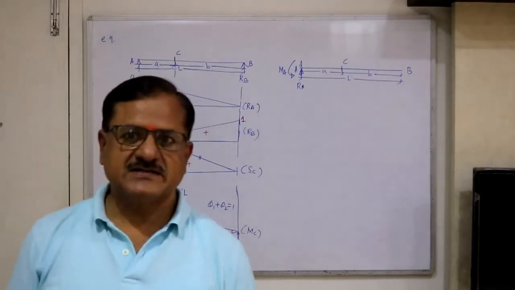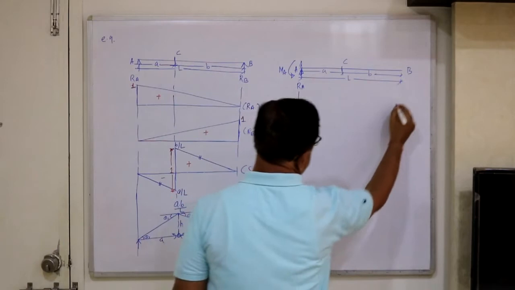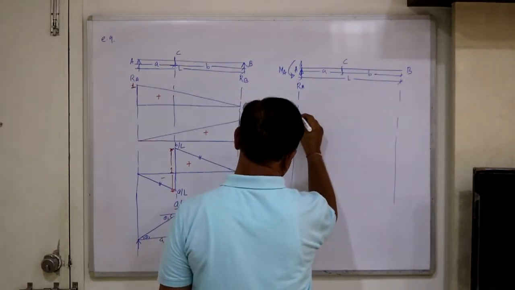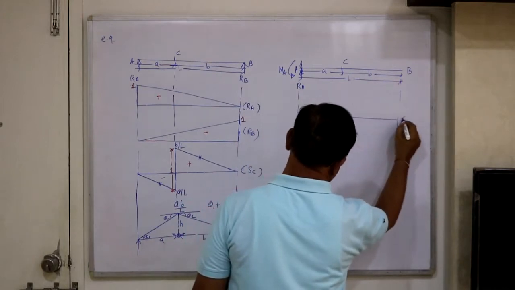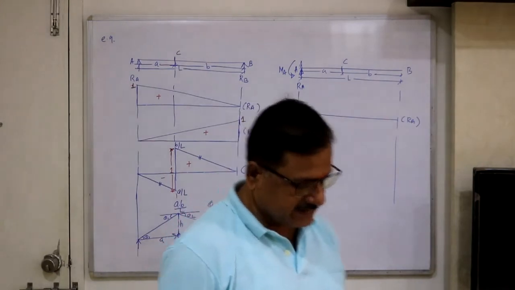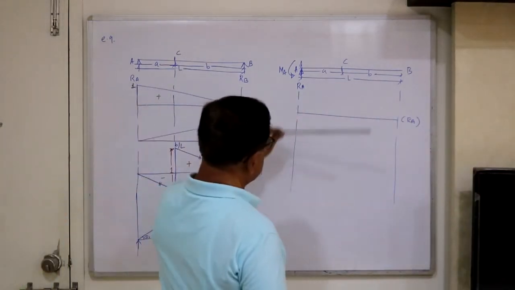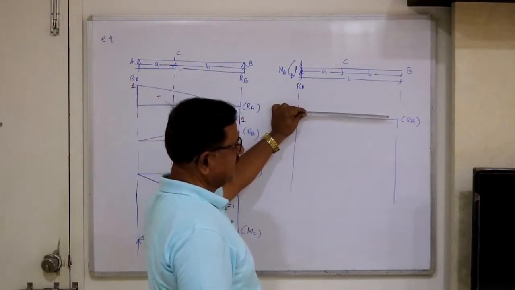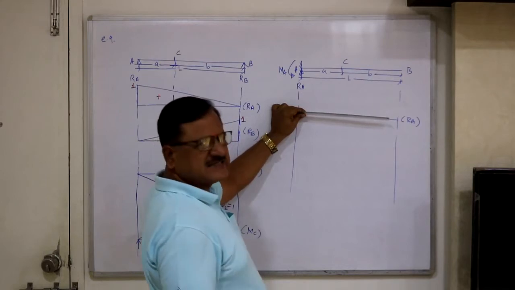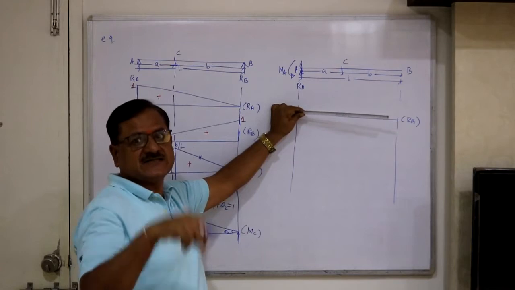So now first construct the ILD for RA. Remember, the end A is fixed and B is free. Keep the fixity as it is, so don't release the fixity. Only vertical deflection is allowed.